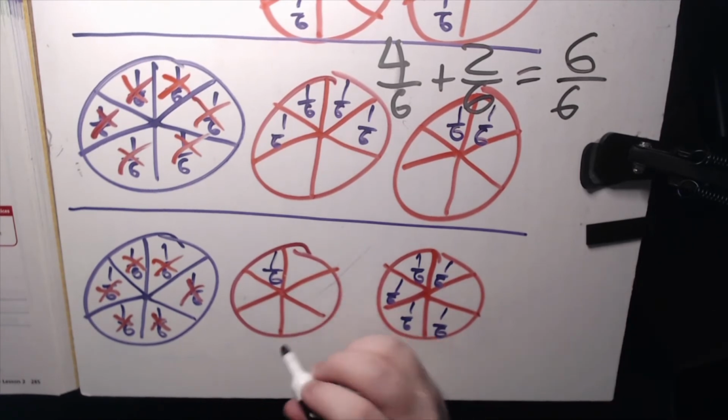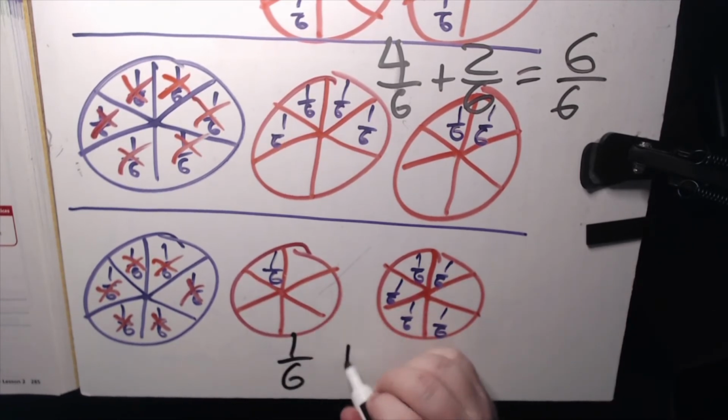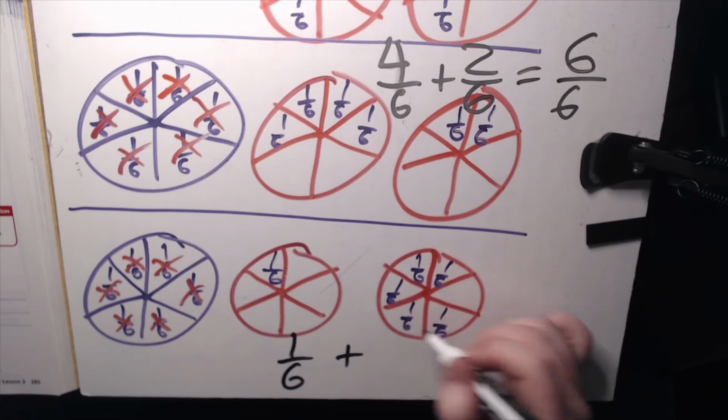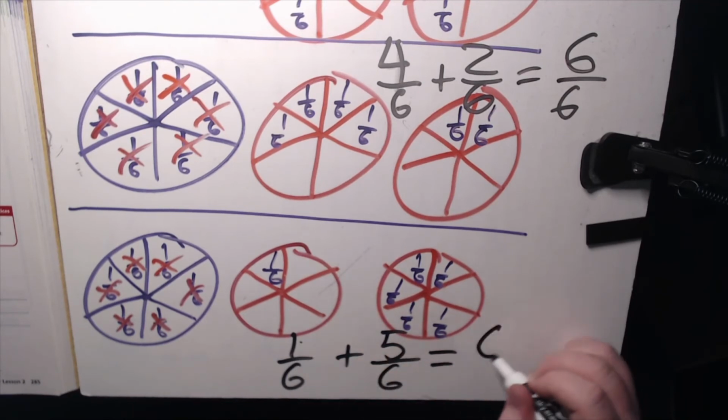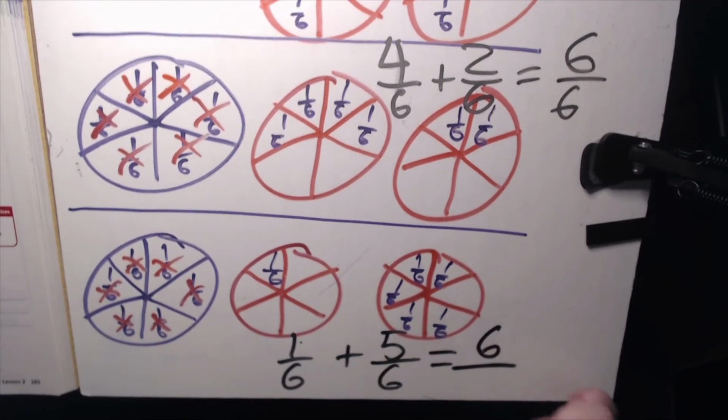We have 1/6 left for Kevin, plus 1, 2, 3, 4, 5/6 for Isabel in the end. 1 plus 5 equals 6. Remember, we do not add our denominators. So it equals 6 over 6. So all 3 of these options would work out if they shared them that way. However, Isabel ended up taking all the pizza.